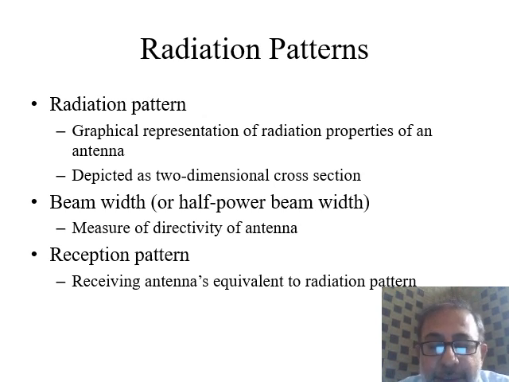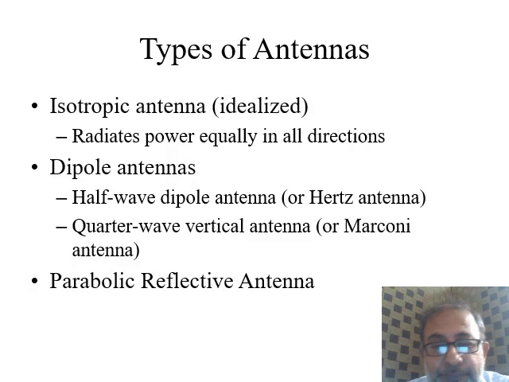So when it reduces to half power on either side, we stop and we measure the angle. This angle gives us the beam width. Similarly, as the receiving antenna, there is an equivalent radiation pattern also, or the reception pattern also.